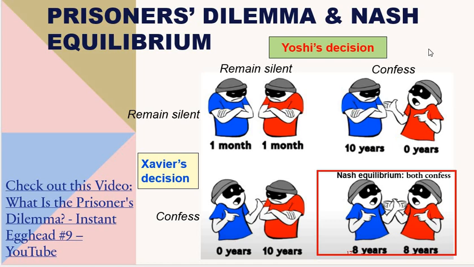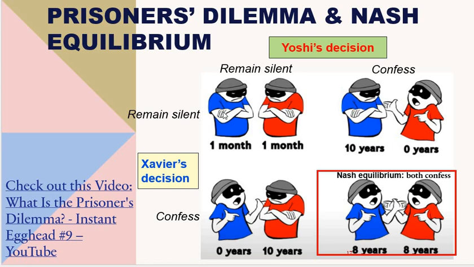Now Yoshi always chooses to confess. Then what can Xavier do? Xavier has to confess as well, because if he remains silent, he'll get 10 years instead of 8 years. To control the damage, he has to confess as well. So when each of them is making the most rational decision, they end up in the worst outcome.